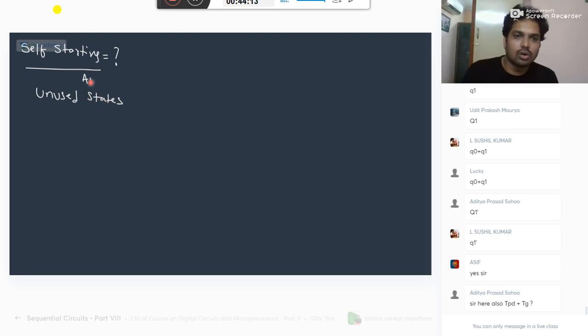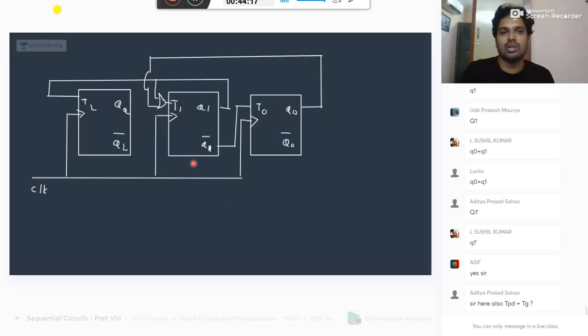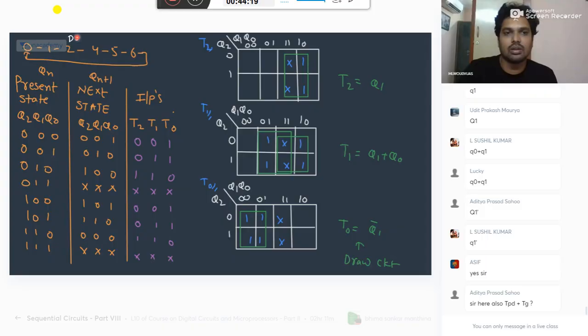This is what we call analysis. Here, what is this? Design. Just a small difference between design and analysis is when you are designing the table is the present, next, and input. For analysis, what is the process is present state. What are the inputs? What is the next state? Table will change.